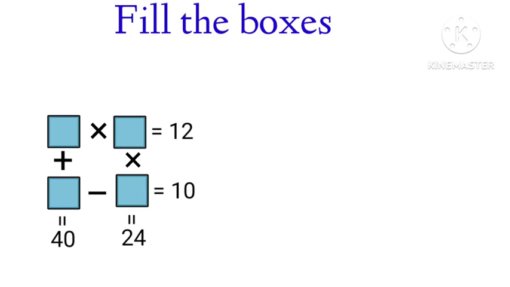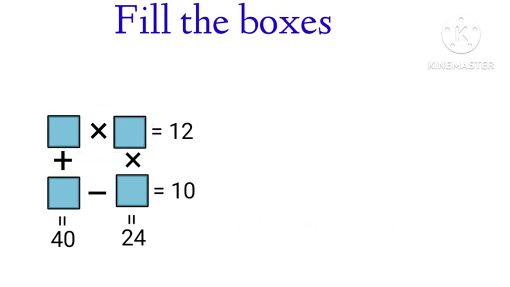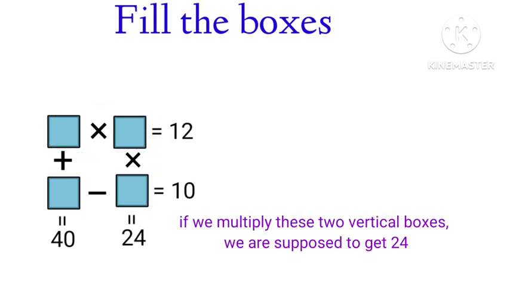Now I am telling about how to fill the 4 empty boxes by using their values. If we multiply these two boxes, we are supposed to get 12. If we multiply these two vertical boxes, we are supposed to get 24.